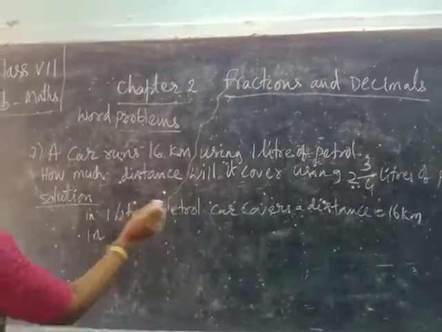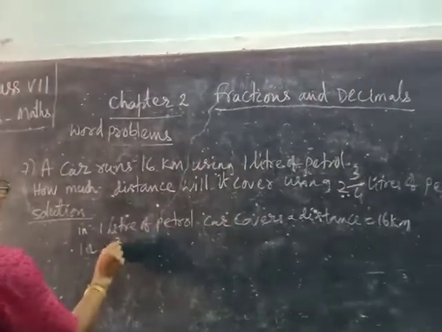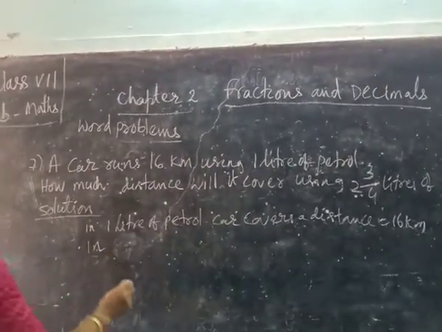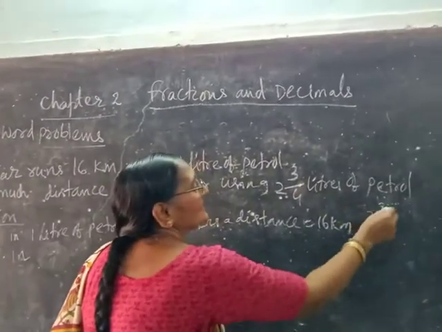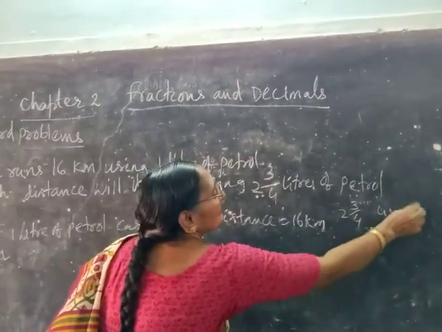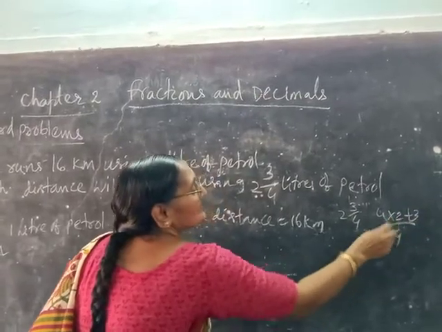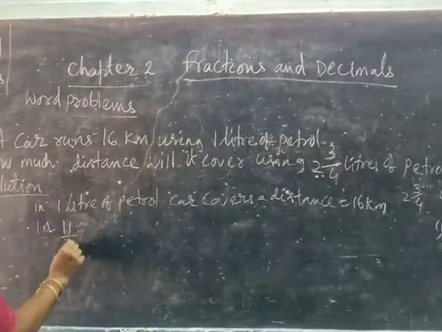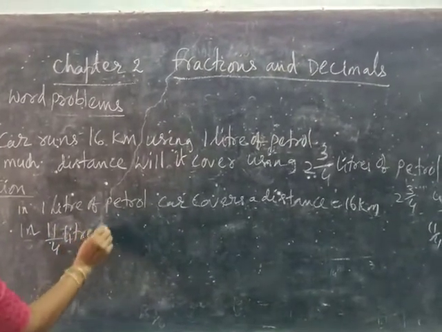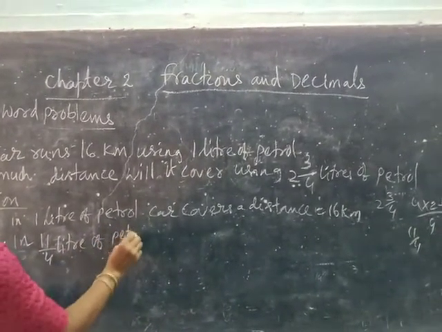Then in 2 3/4 liters: change 2 3/4, 4 times 2 plus 3 is 11, so 11/4 liters of petrol.